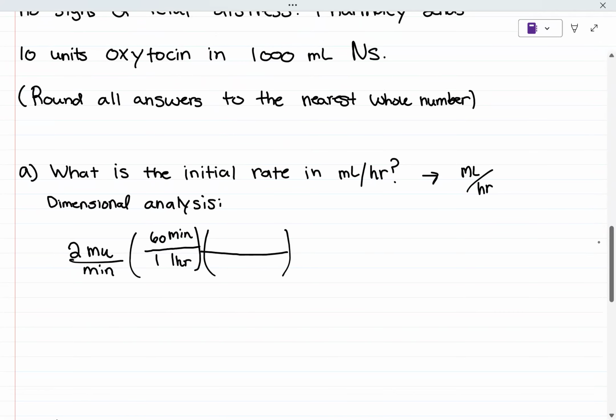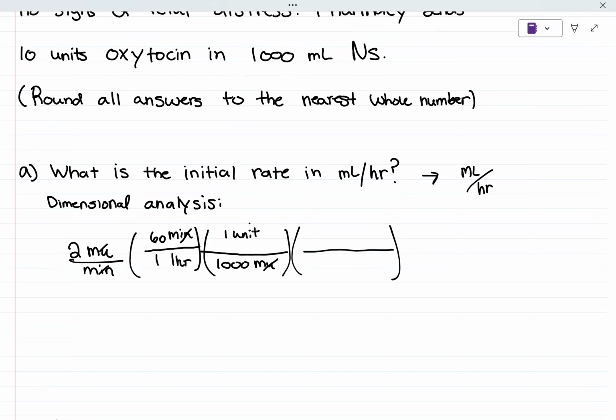So you can say 1 unit over 1,000 MU. Now we're really close: hours are on the bottom, the minutes disappear, and the MU cancels. The only thing we have to do is convert this unit into a milliliter.